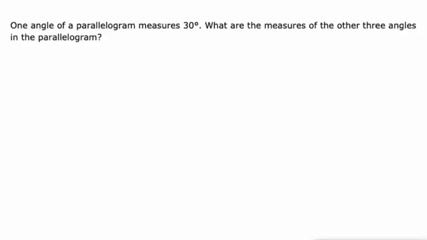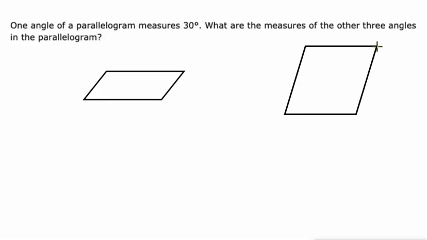Well, let's take a quick look at parallelograms here. Okay, here's a parallelogram. And the thing we'll notice about this is that the opposite angles are always congruent to each other.